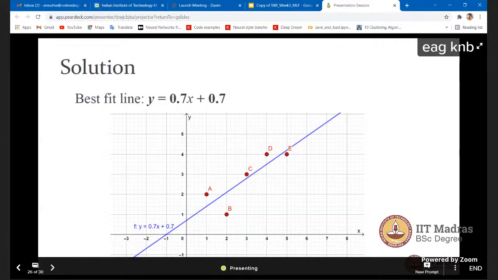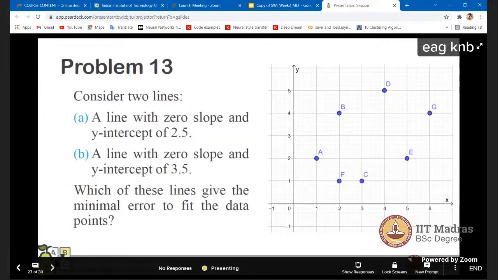So based on this, here is one more question. You have to consider 2 lines: a line with 0 slope and y-intercept of 2.5, and another line with 0 slope and a y-intercept of 3.5. So these are 2 lines. Which of these lines gives the minimal error to fit the data points?